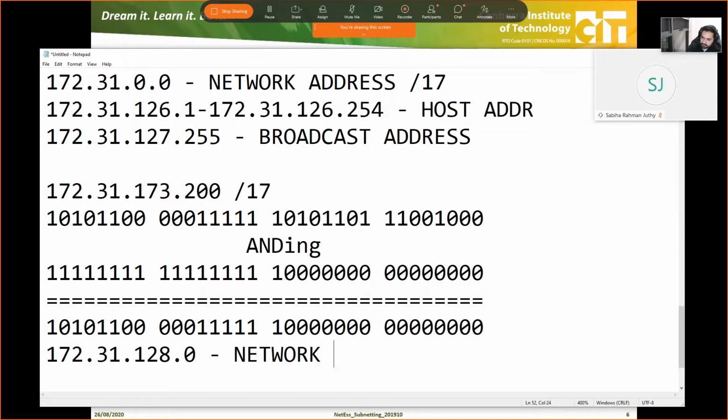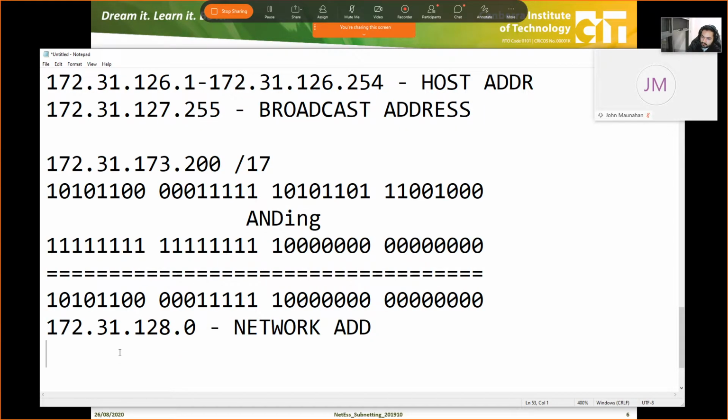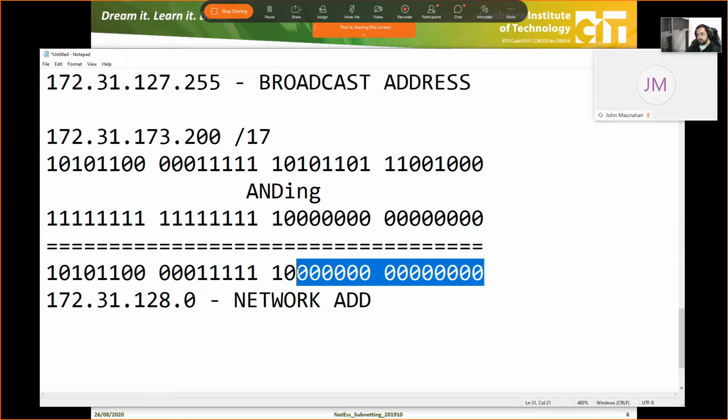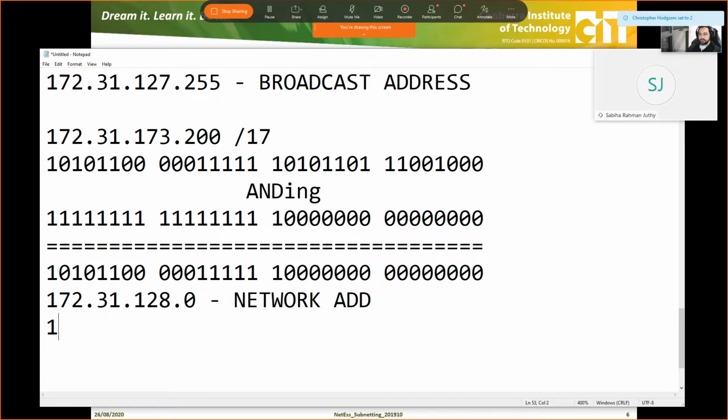Network portion. Address, sorry. 255.255.